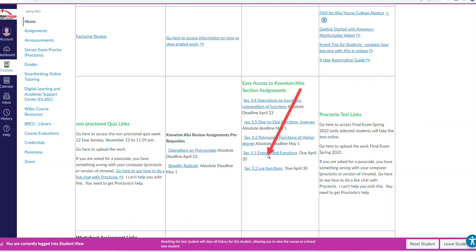I'm hoping that's going to change this week, but the scores will be sent to Canvas on April 30th for both of those, but you'll have some extra time to improve your score before classes end at the end of week 15.